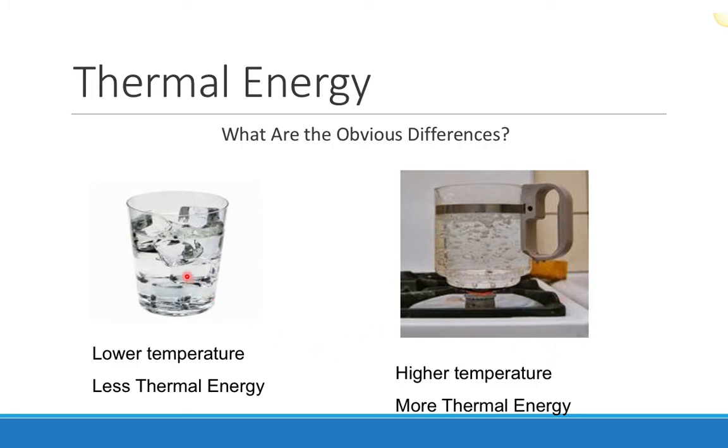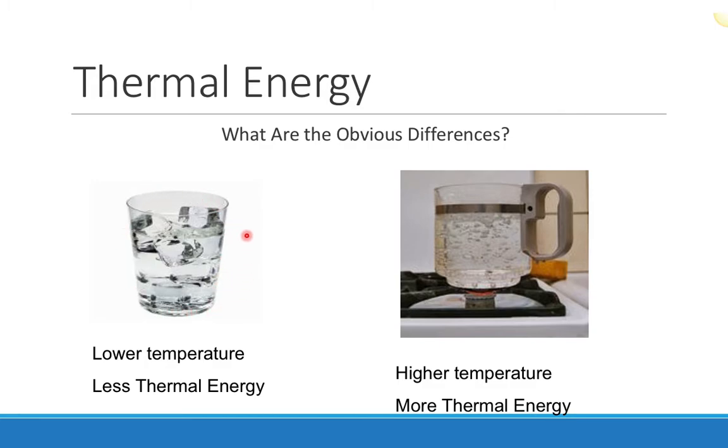But not only is there a temperature difference, this ice water actually has less thermal energy, and the boiling water has more thermal energy or more internal energy. We're going to talk about what this internal energy is and what it is related to, but the motion of the molecules of the substance depends on the temperature.